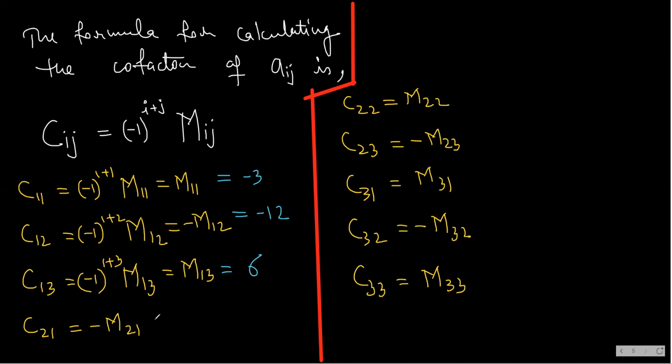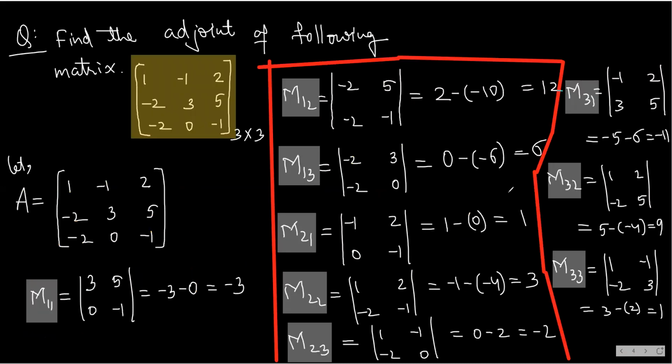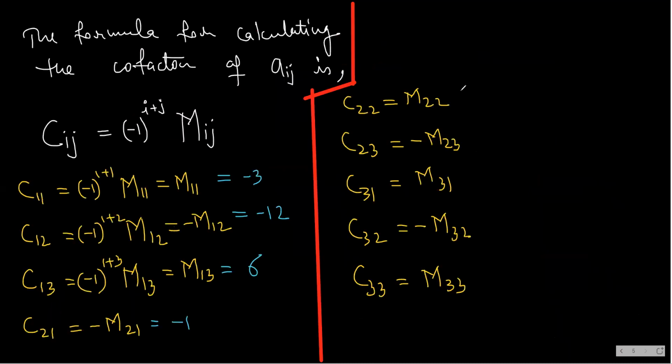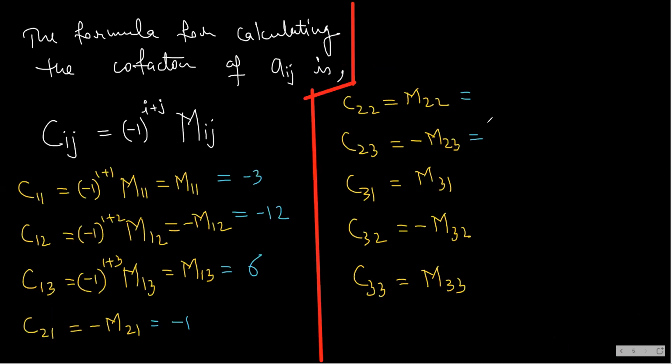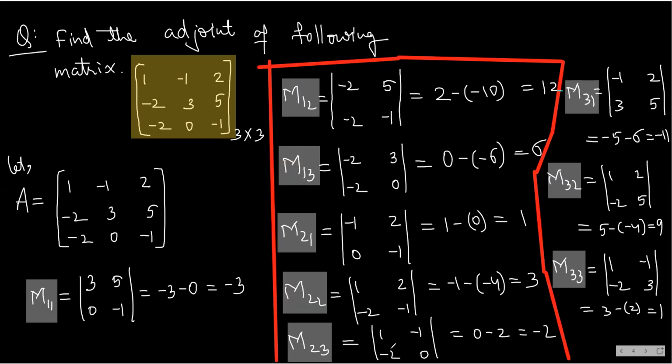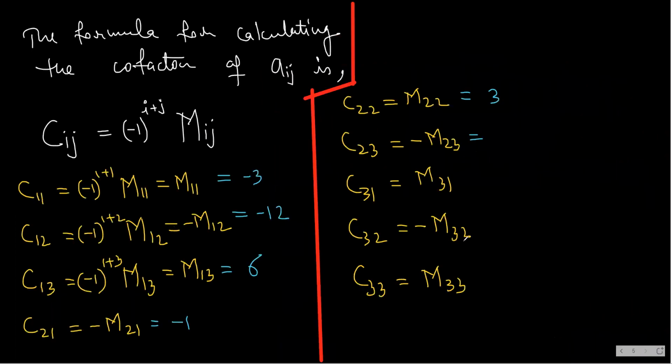Now you have negative of M21. What is M21? M21 is 1. So this will be -1. M22. What is M22? It is 3. So this will be 3. Then M23 is -2, so negative of -2 is 2.